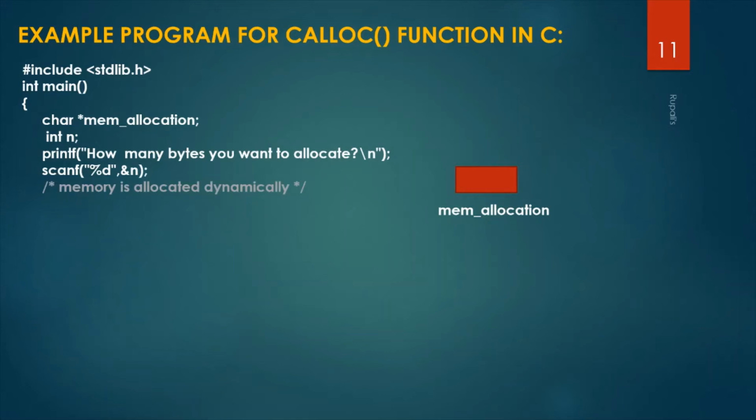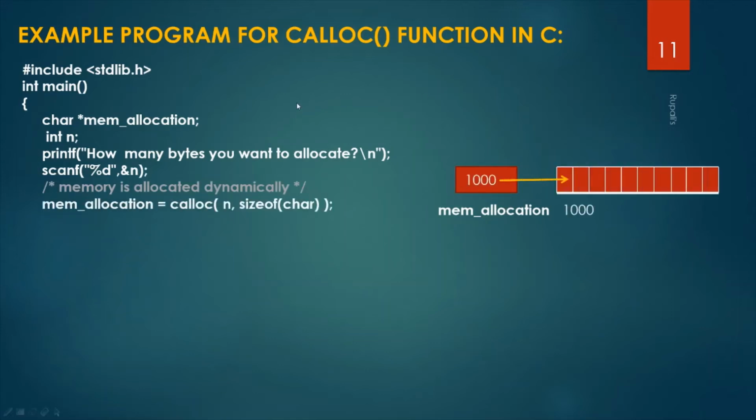So calloc(n, sizeof(char)), where size of char is 1, allocates n contiguous locations of 1 byte each, and returns the base address of the starting location to mem allocation.